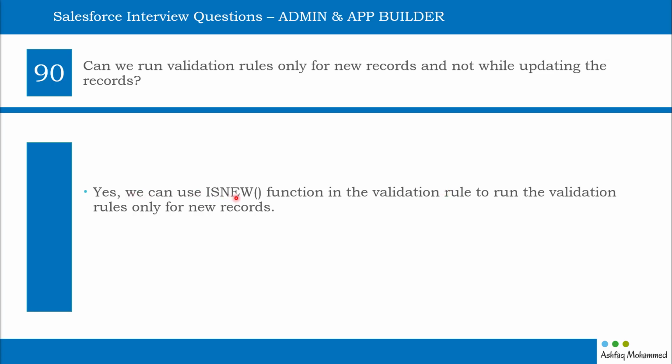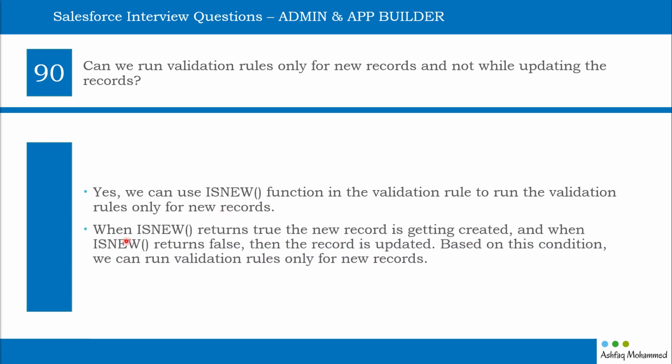We can use the isNew function in the validation rule to run validation rules only on new records. The isNew function checks whether this is a new record or not. When isNew returns true, a new record is getting created, and when isNew returns false, the record is getting updated. Based on this condition, we can run validation rules only for new records.